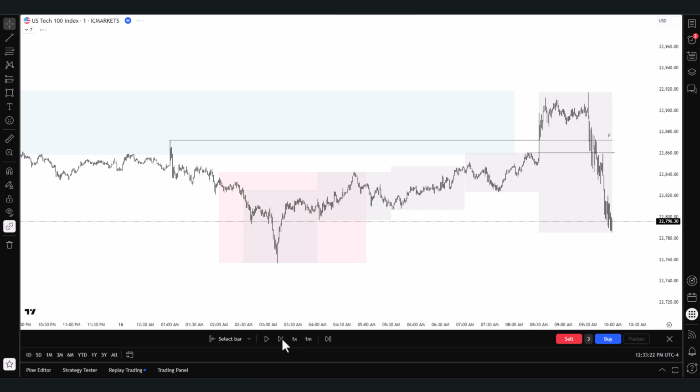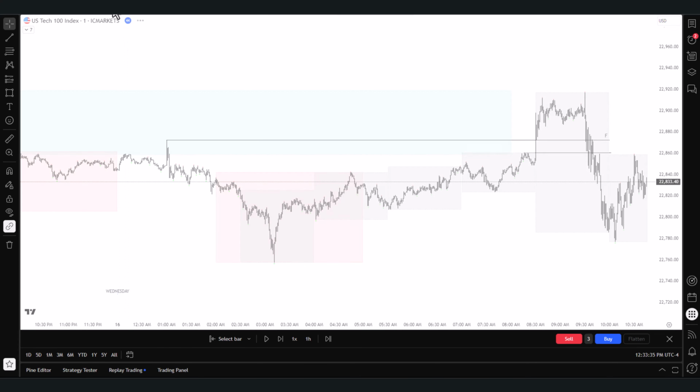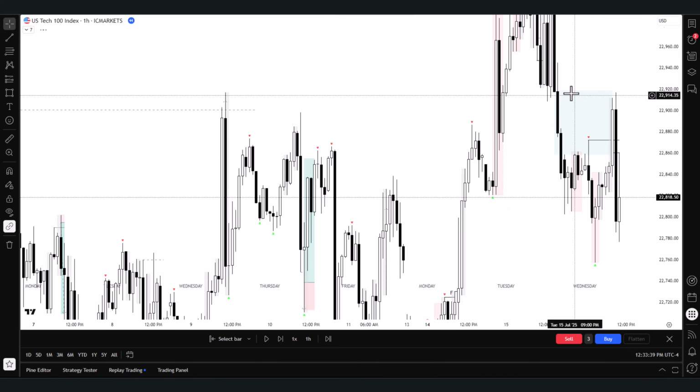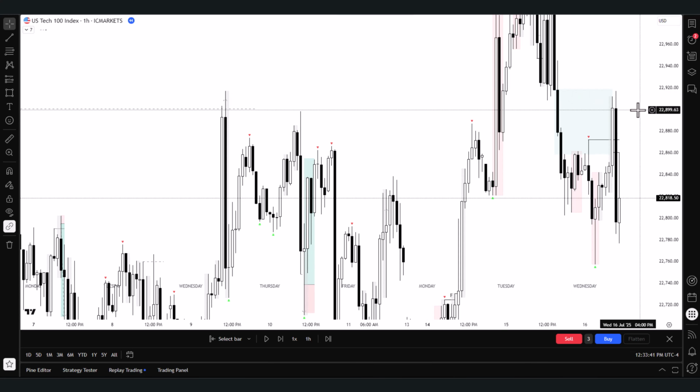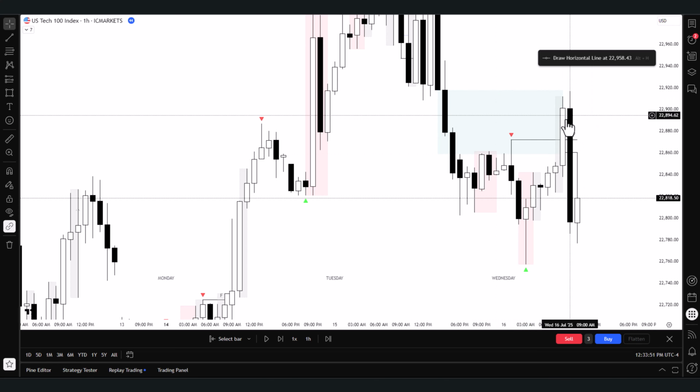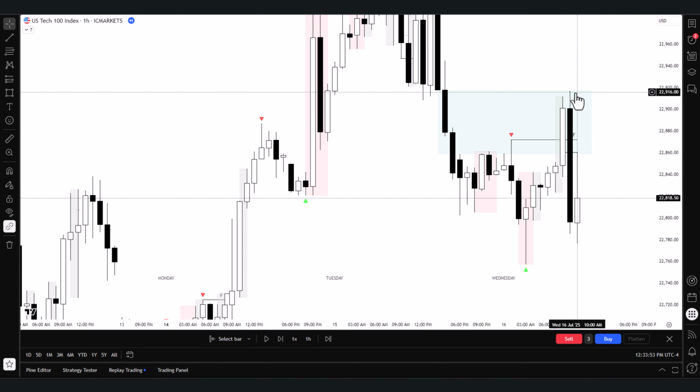Let's wait. Is this FBG filled? This FBG already filled, so there is no valid key level for me.